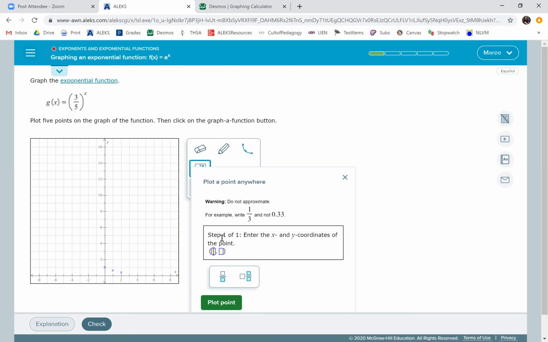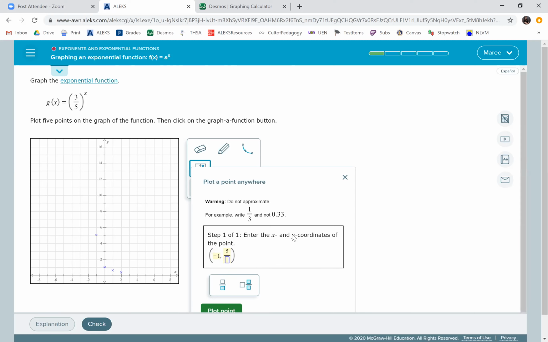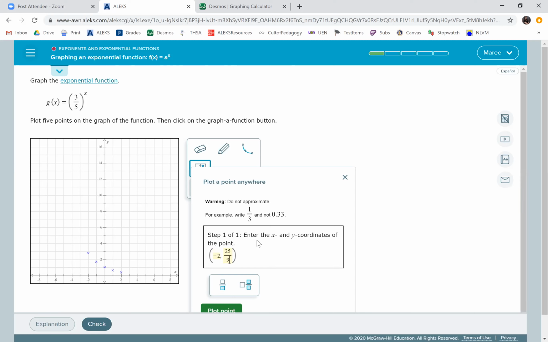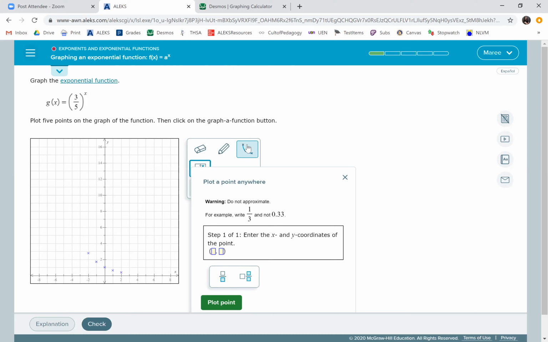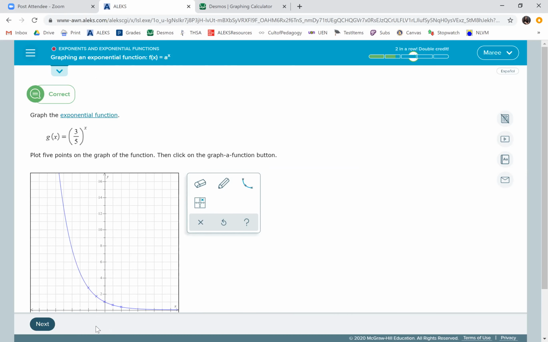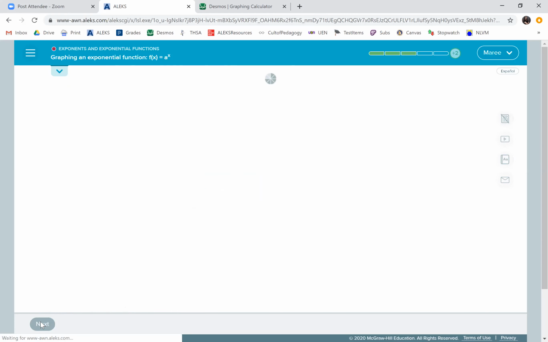Then if you do the negative, you just have to remember that means the reciprocal, so that's 5/3. And then if you do -2, we do the reciprocal then square, so 5/3 squared is 25/9. And we plug in our points, connect all the points, and that's our exponential function.